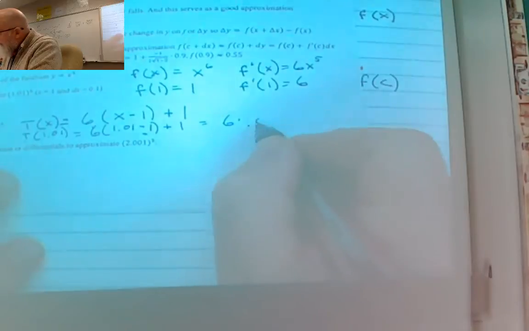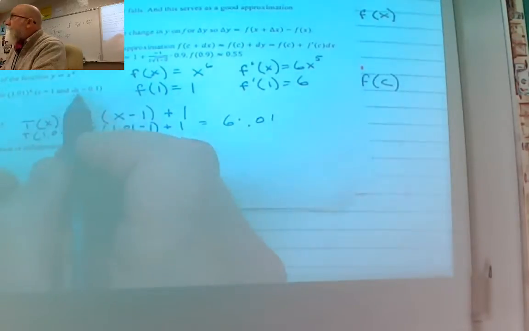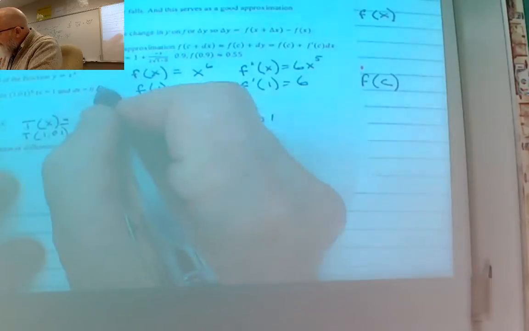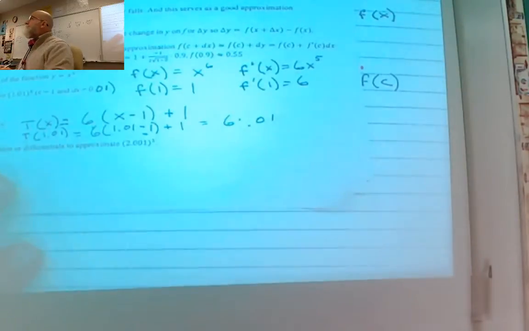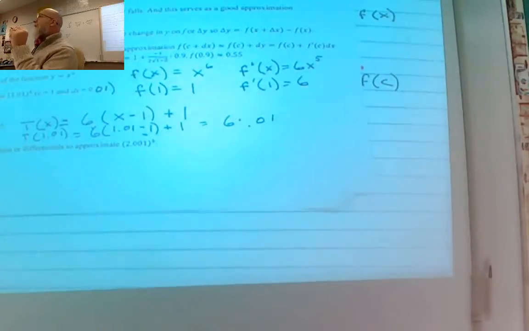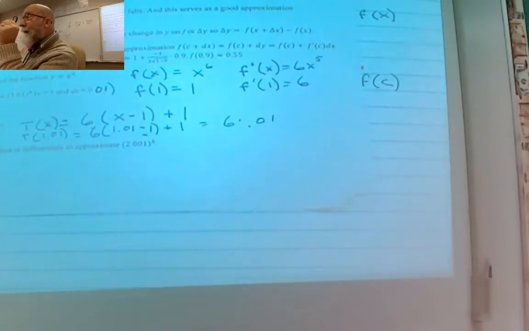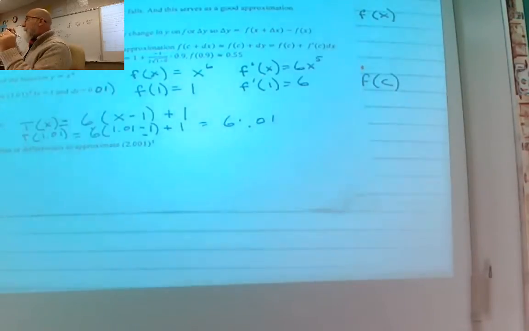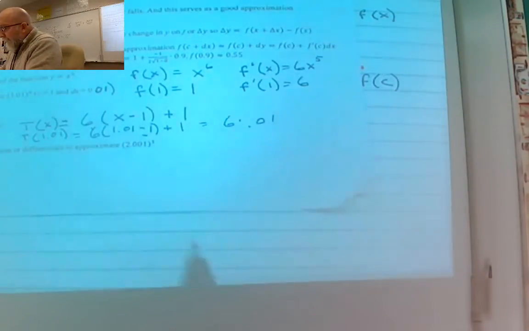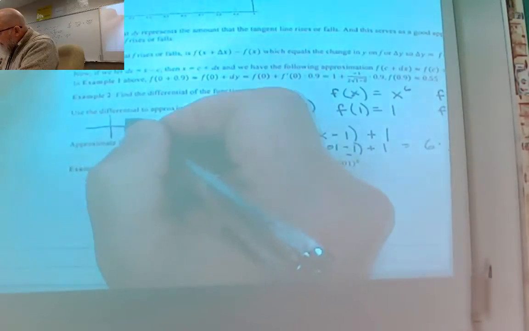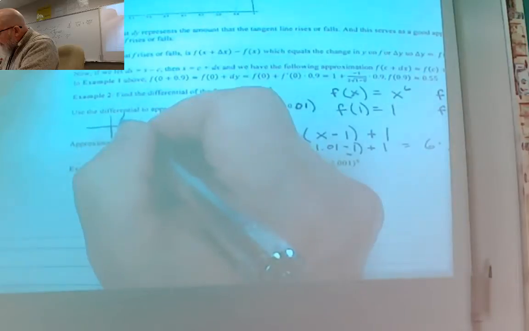0.01. Now, notice they call that d of x. And they should have 0.01 right here. They screwed up. Okay? Because that's the difference between my c and my x, which is 0.01. In other words, I have some curve here. Let's say there's my curve.